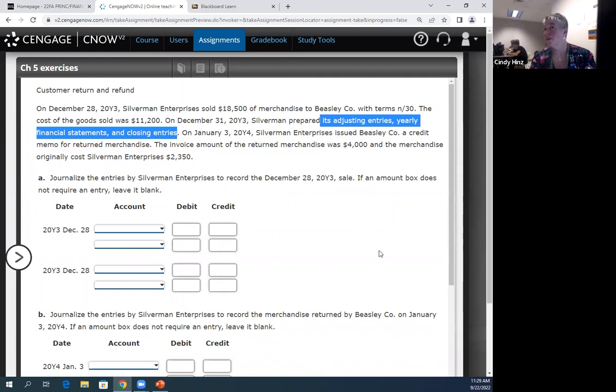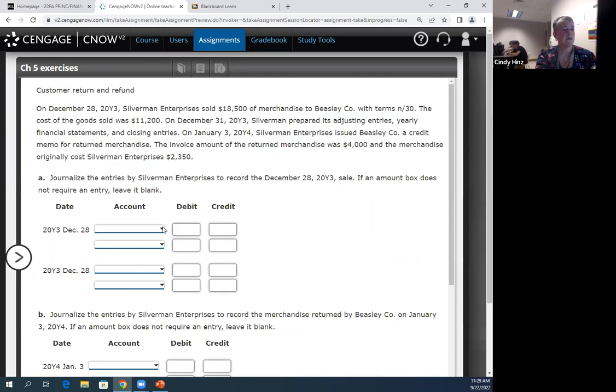They likely wouldn't have been done until at least the middle of February, because you wouldn't do those closing entries until your financial statements were audited. So there's zero chance they actually happened on December 31st, although they would be dated December 31st. They would not be entered right at the end of the year like that. There's no chance that happened.